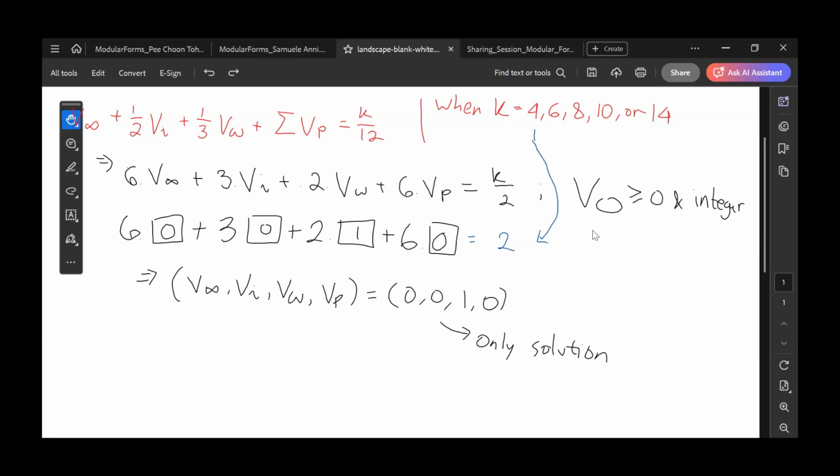And the same can be done for k equal to 6, for example. If you want this to be 3, how do we do it?